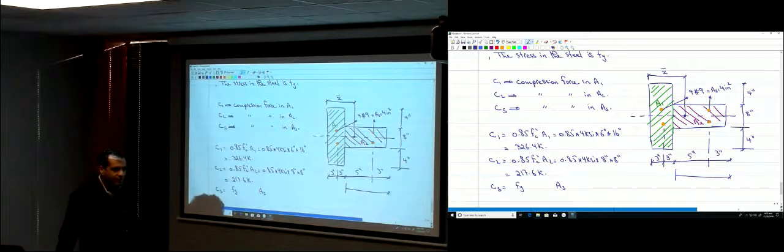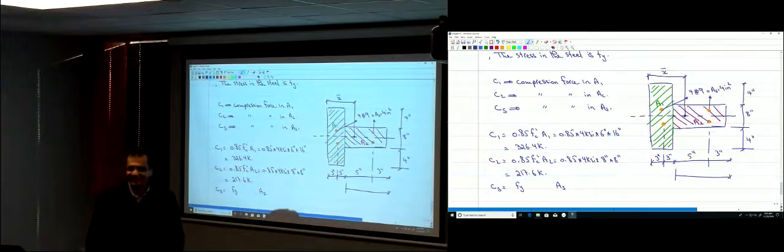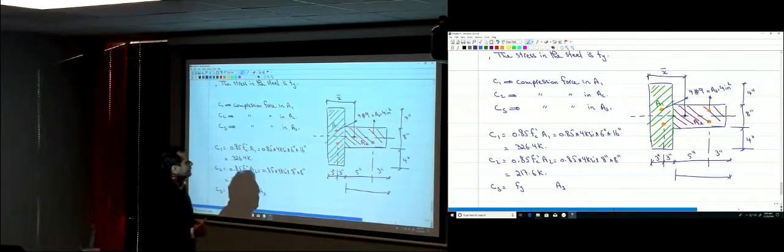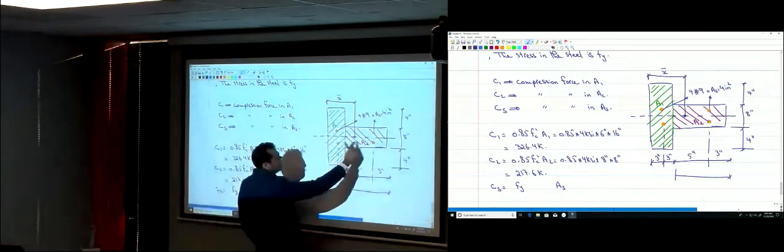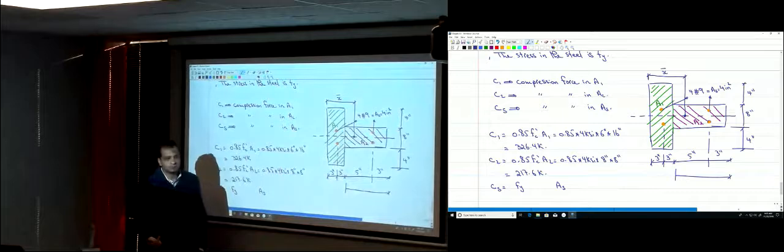Now, if I calculate this compression force in the steel, does this give the forces in the section, those 3 forces, or is there a tiny small mistake that I made here? Okay, what's that mistake? This area, this orange area, I'm counting it twice now, right?